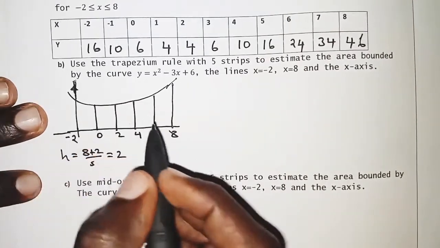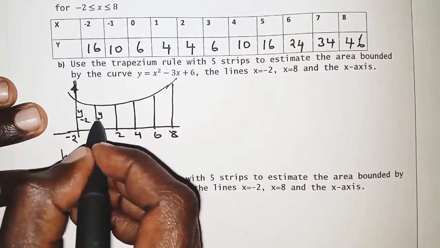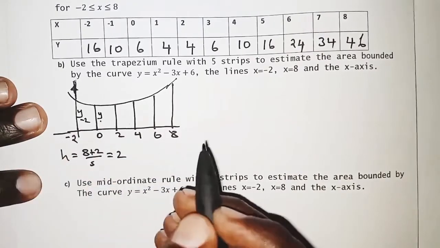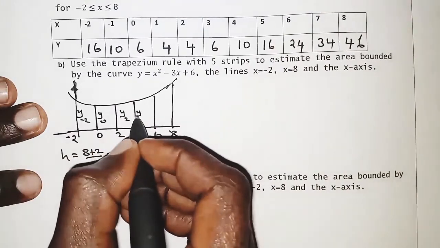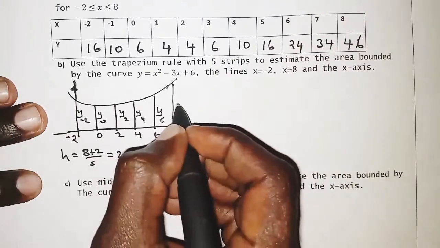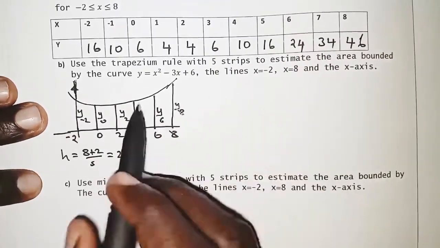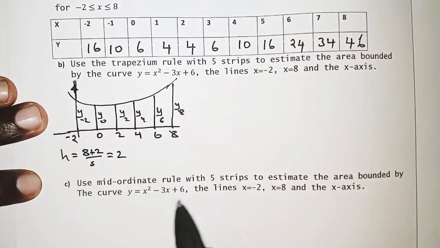So we're going to get the values of y when x is -2, y when x is 0, y when x is 2, y when x is 4, y when x is 6, and finally y when x is 8. All these values we've already obtained up here, so we're just going to pick them.